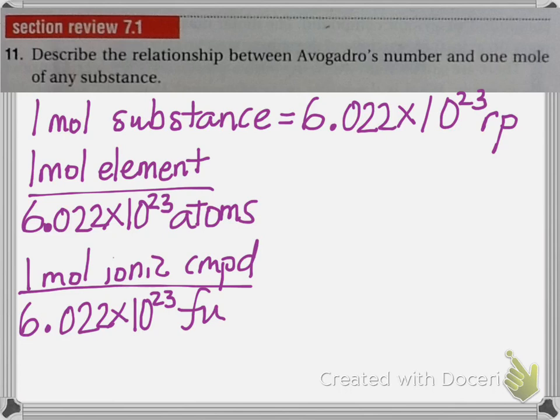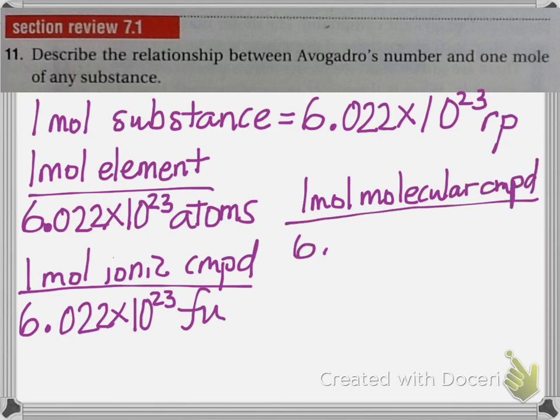Okay, because again, a formula unit is the smallest piece of an ionic compound. And finally, 1 mole of molecular compound is Avogadro's number of molecules.